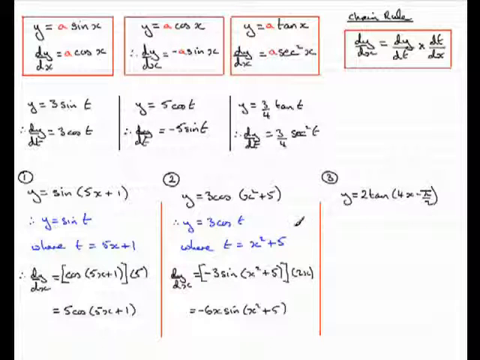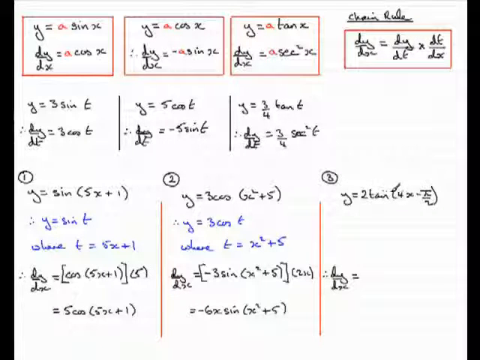Okay, so if we've got y equals 2 tan of 4x minus pi upon 2, we're going to go straight in and get dy by dx. So we say dy by dx equals. I think of this now as 2 tan of t, t being the 4x minus pi upon 2.